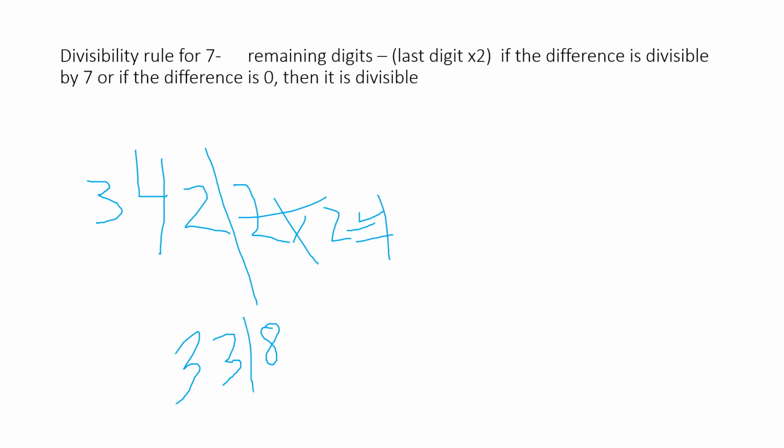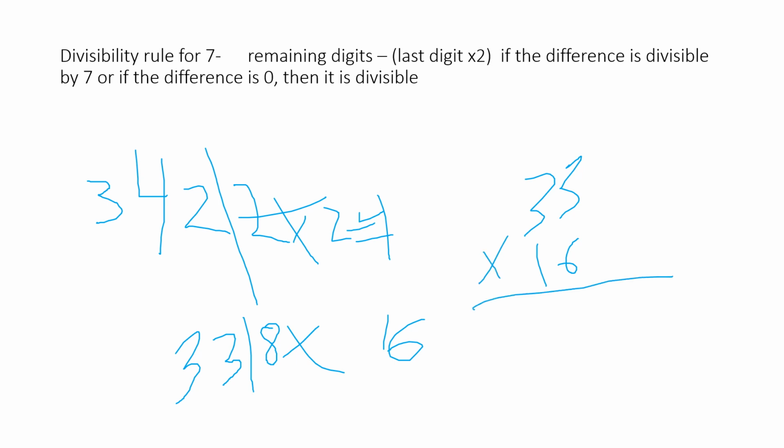So this times 2 is 16, so I'll do the algorithm. So here I'm gonna borrow, so it'll become 2 and this will become 13.